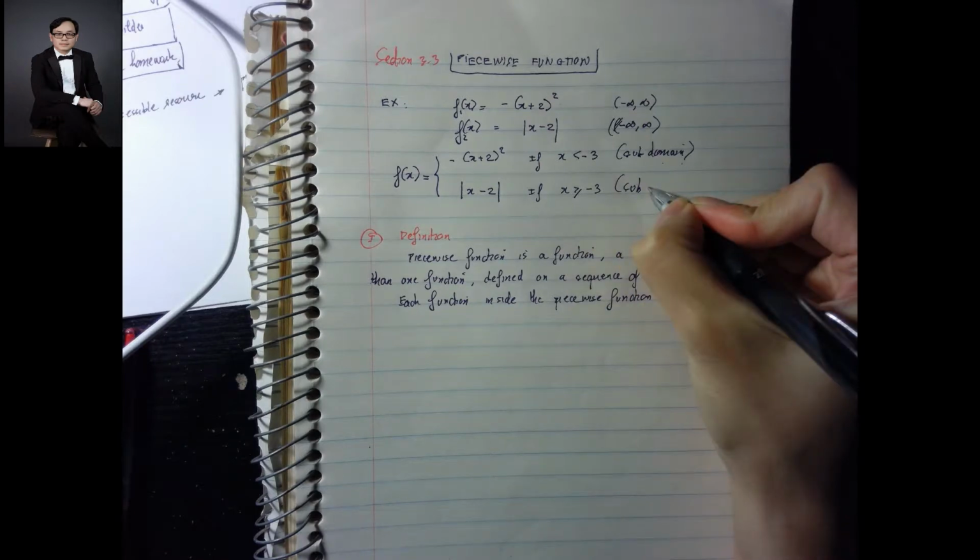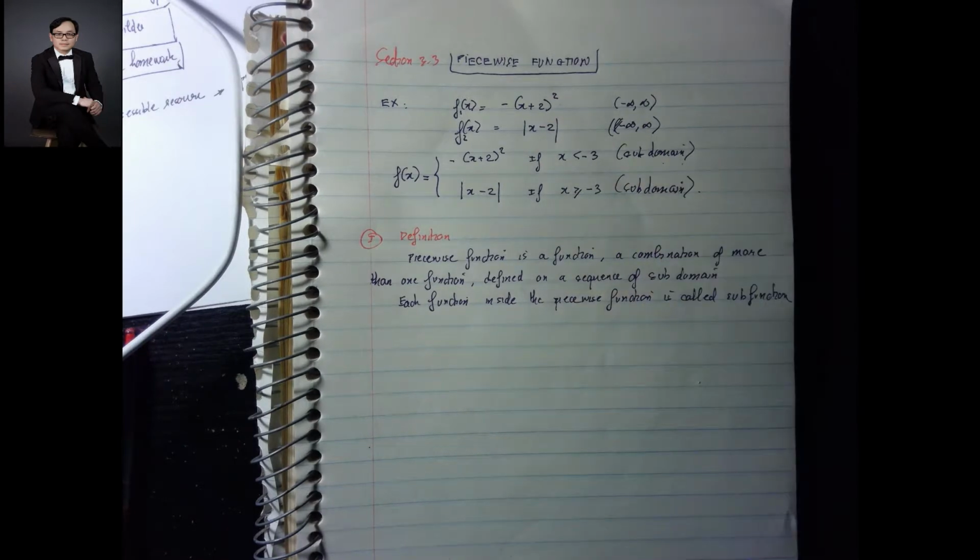So a piecewise function is defined on a sequence of subdomains, or I can say another way, defined on a sequence of subintervals of the domain of the subfunction. The domain of the subfunction here is negative infinity to positive infinity.